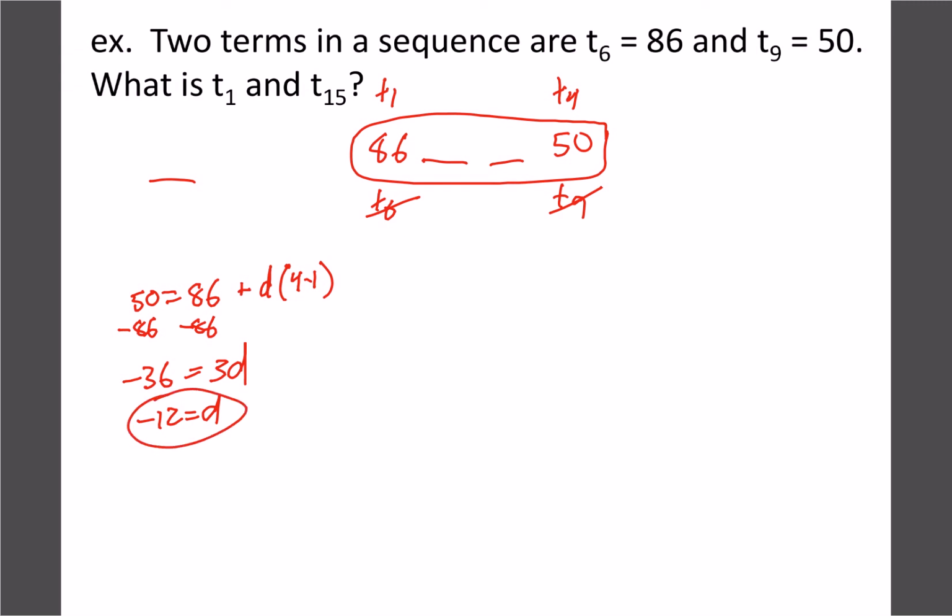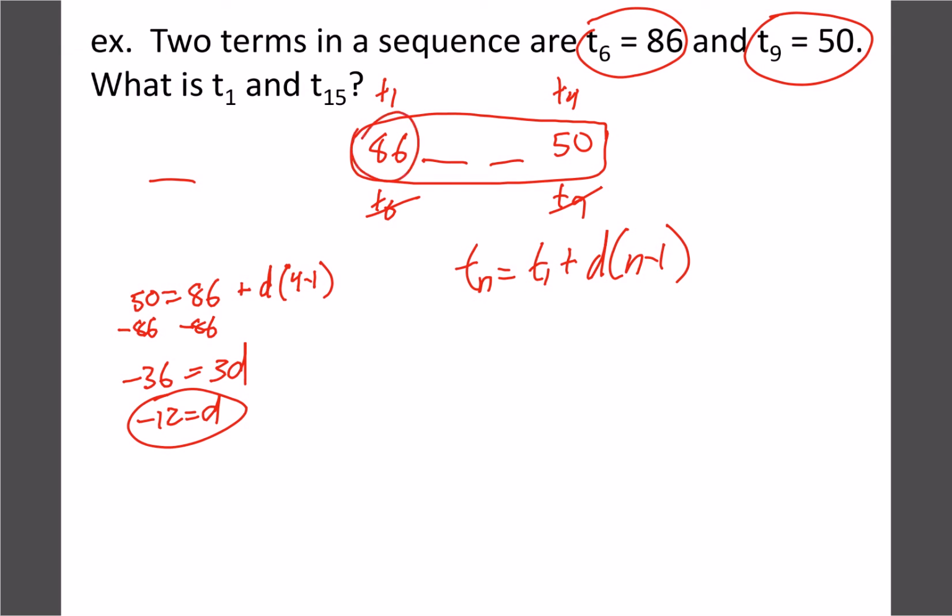So we know our difference is negative 12. We're going to go back to the 6th and 9th terms instead of what we've changed them to, and plug it into our formula. So let's rewrite our formula, and in this case, let's solve it for term 1. Let's use term 6 as our last term. It doesn't matter which one you use, but let's pick term 6.